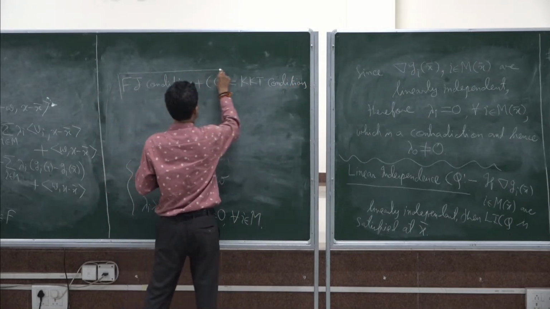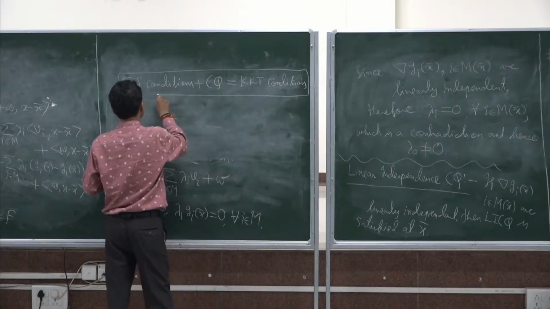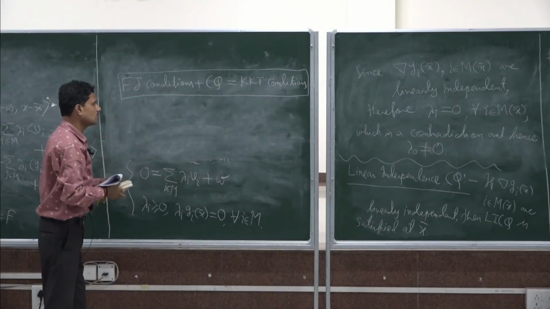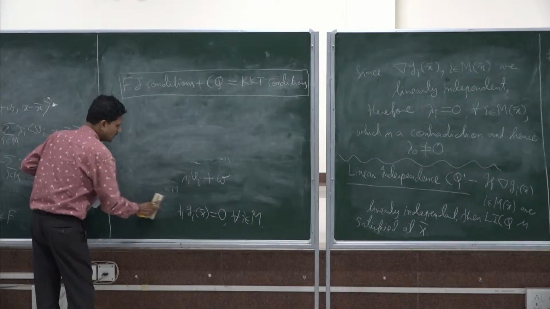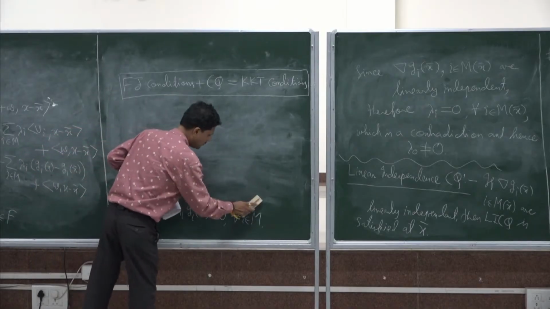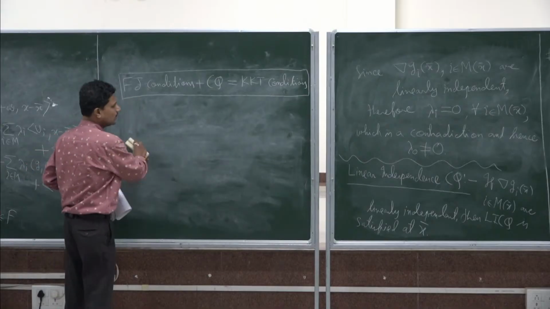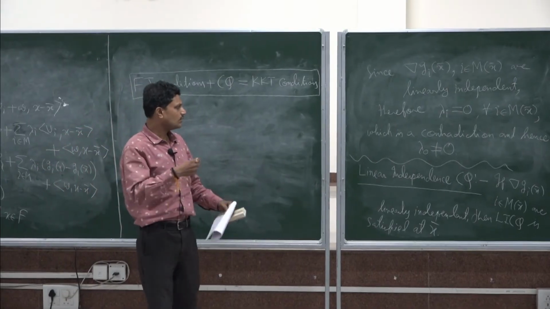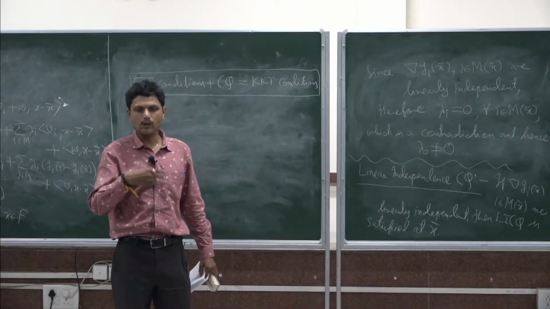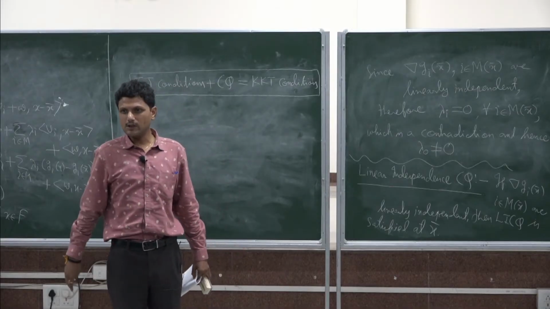And for different optimization problems, we may go for different types of constraint qualifications which may be weaker than the linear independence one. So we try to find conditions which are weaker than the previously known conditions.